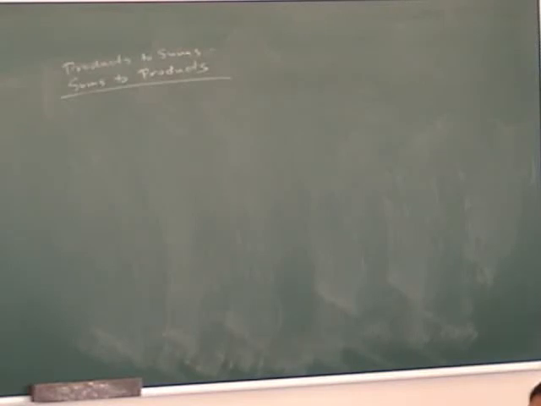Cosine alpha plus cosine beta equals 2 cosine alpha plus beta over 2 cosine alpha minus beta over 2.